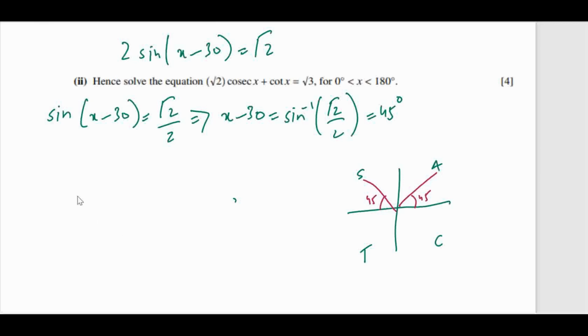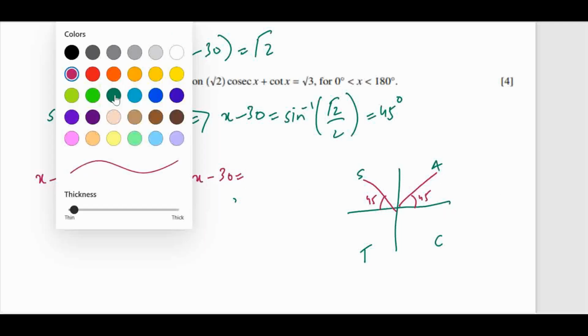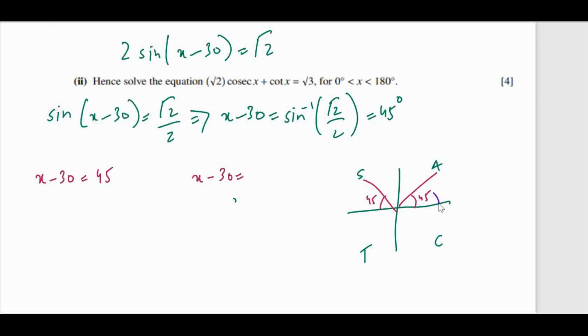So which means that x minus 30 is equals to 45 degrees, and x minus 30 is equals to, now this whole angle will be 180 minus 45. So which means x will be equals to 45 minus 30, x will be equals to 15 degrees.